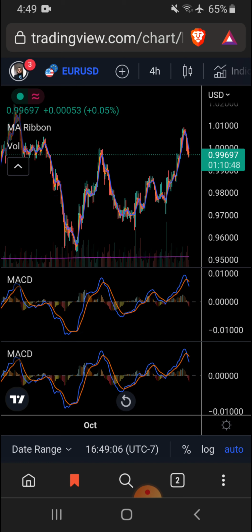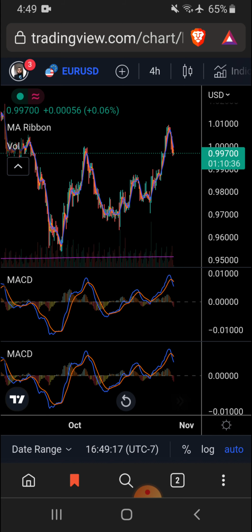We've had a slight reversal in the dollar strength, so the dollar has been slightly weaker.